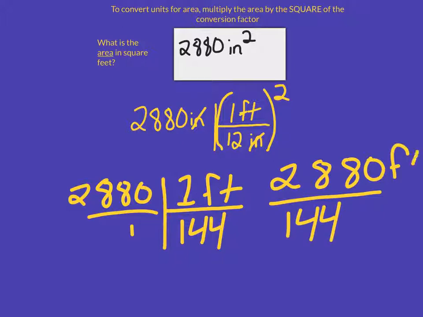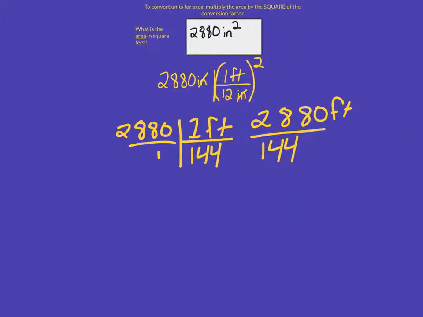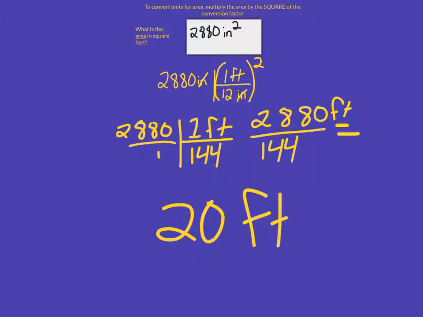This is feet. The last thing you have to do is divide 2,880 by 144, and you will get 20. We're in feet, and because it's area, you square it. So 2,880 inches squared is the same as 20 feet squared.